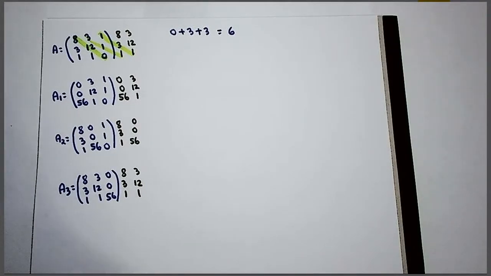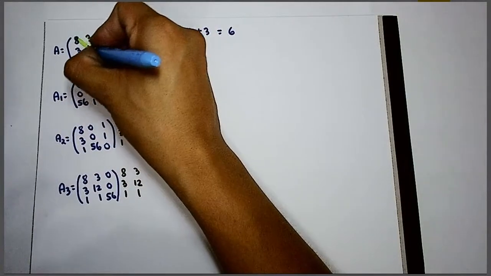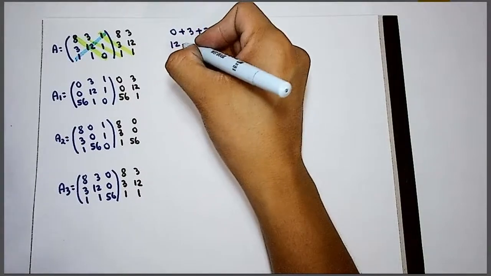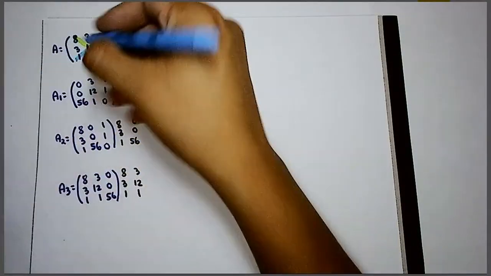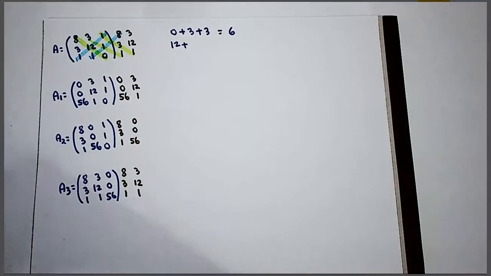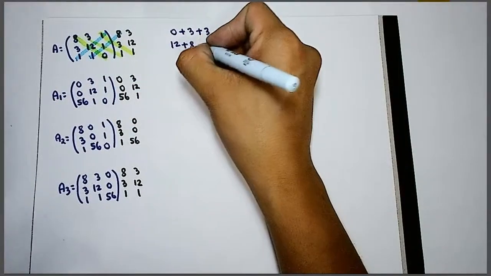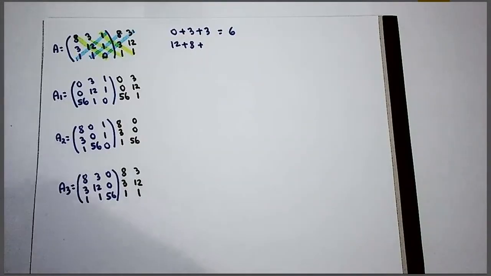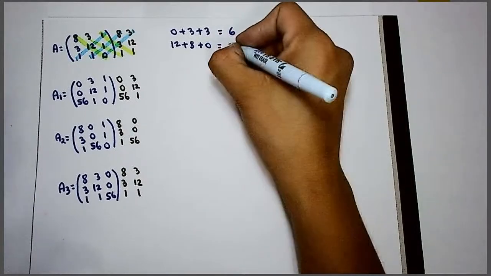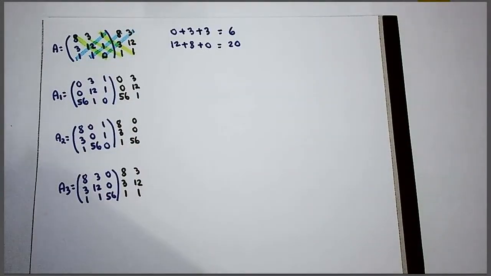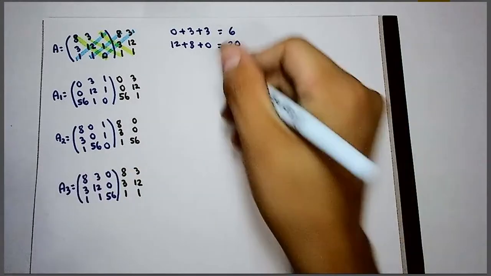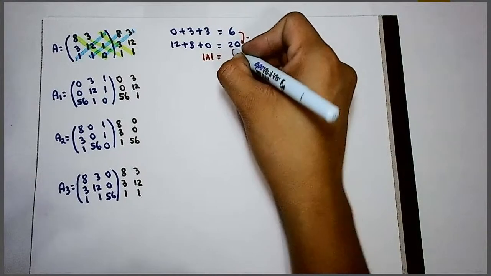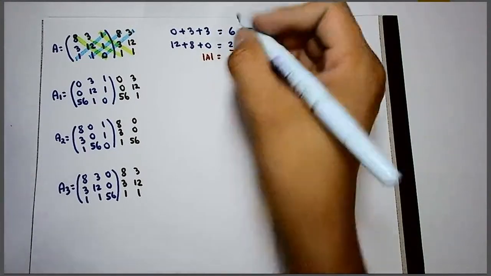For the case of the anti-diagonals, we have 1 times 12 times 1 is 12, plus 1 times 1 times 8 is 8, plus 0 times 3 times 3 is 0. So this is equal to 20. This means that the determinant of A is 6 minus 20, which is minus 14.